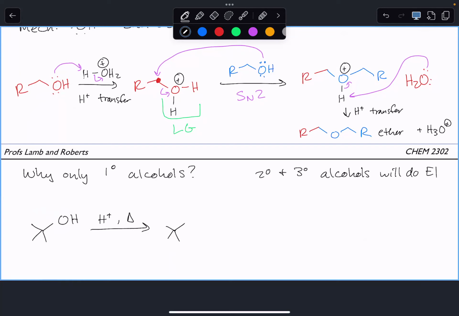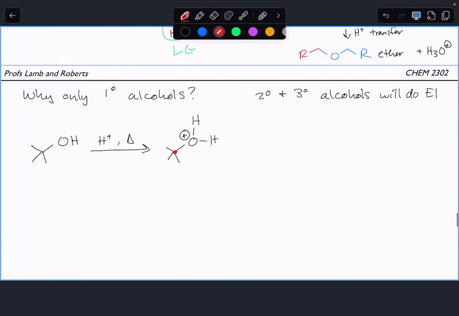First, we protonate our alcohol, right? So we've made a better leaving group. From here, the electrophilic site, the carbon attached to our leaving group, is very sterically hindered. If you have a very sterically hindered electrophilic site, you cannot do SN2.